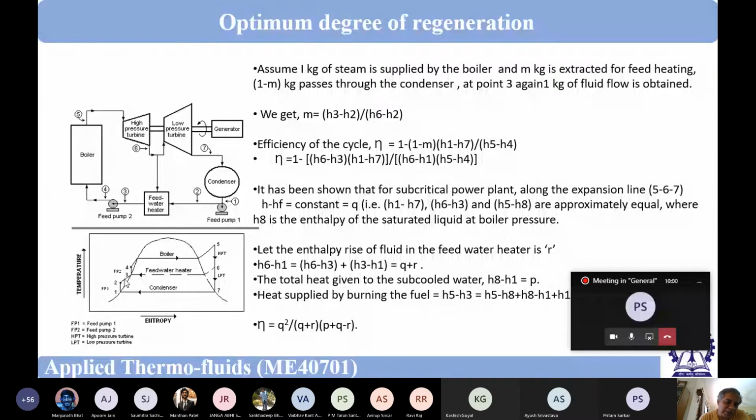So how much will be this heating, 2 to 3, and how much will be this heating, 4 to 8? Let us try to find out, if we keep certain parameters of the cycle constant, how much heat at 2 to 3 gives maximum efficiency to the cycle.